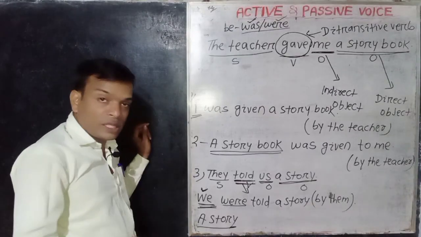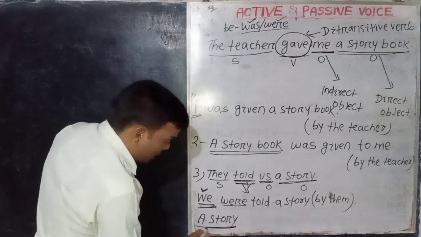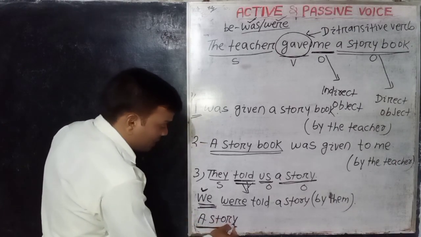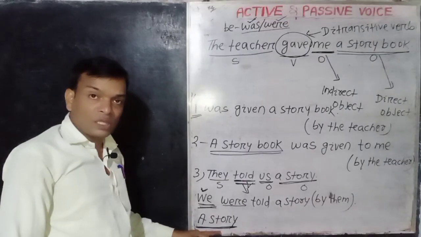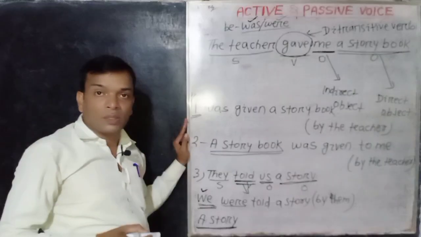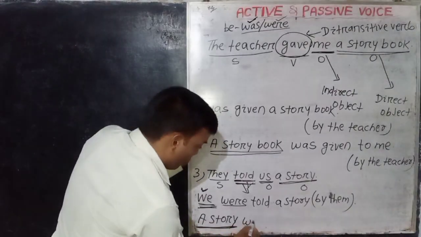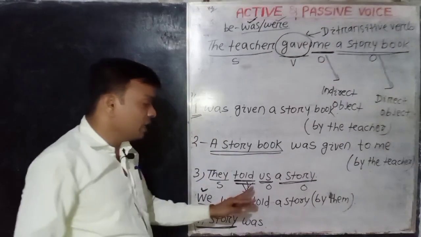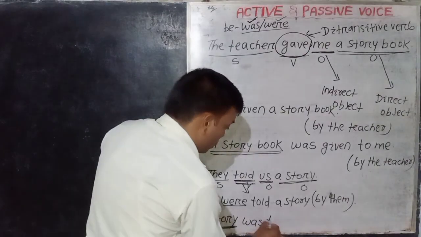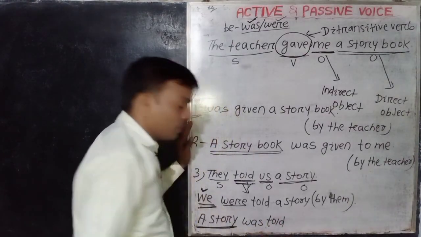Clear? But see the direct object a story, when I write this in the beginning of the sentence, it is in third person singular number, so use the singular verb form was. So a story was. Then write the V3 or past participle form of the main verb, that is told. A story was told.